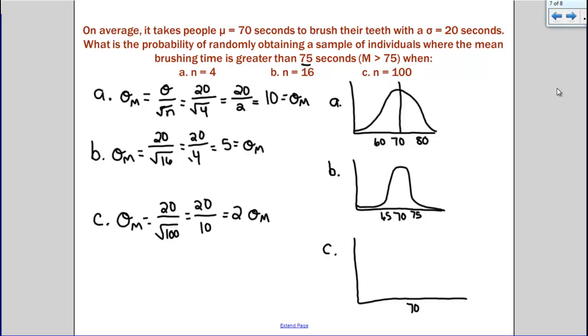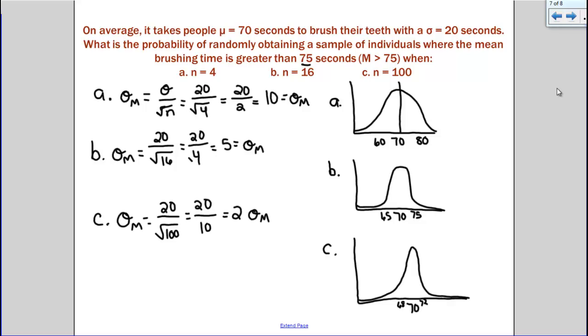Population mean is equal to the mean of the sampling distribution. But now we're expecting our sample mean to be between 68 and 72. So we have an even skinnier distribution than for part B because our standard error is smaller due to the fact that we have a larger sample size in this example.